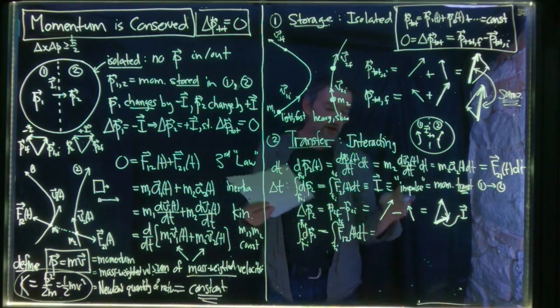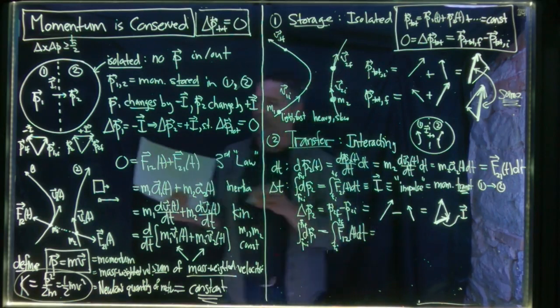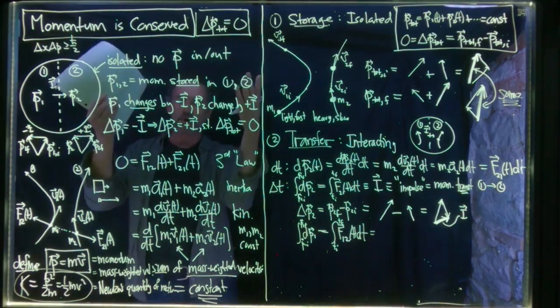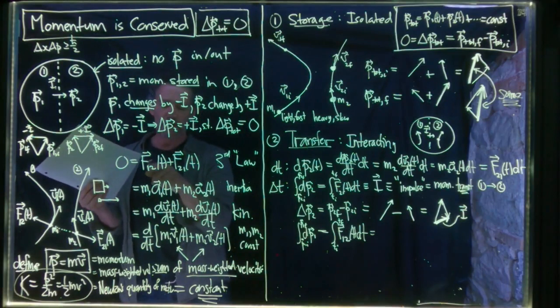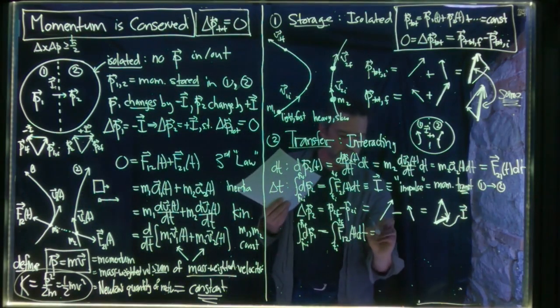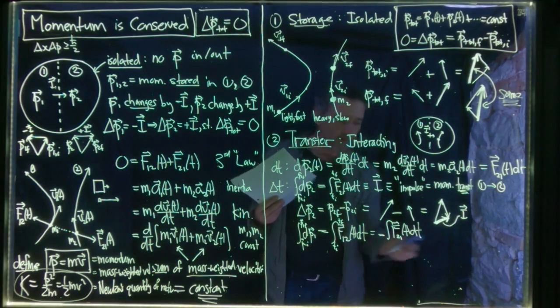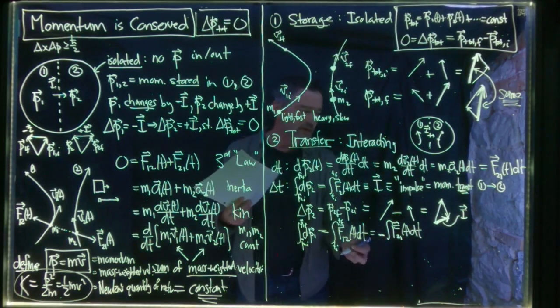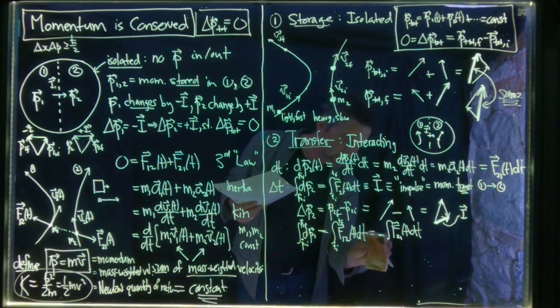But just a minute. If the interaction we're talking about satisfies Newton's third law, then F12 is negative F21. So F12 there, we replace with a negative F21, and put that negative sign up here.